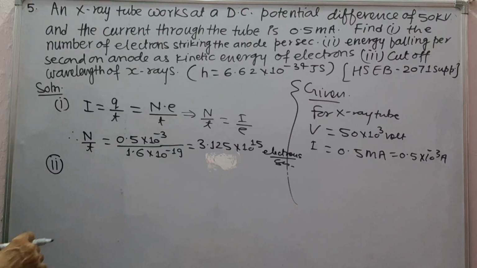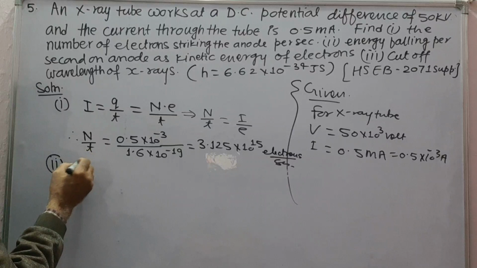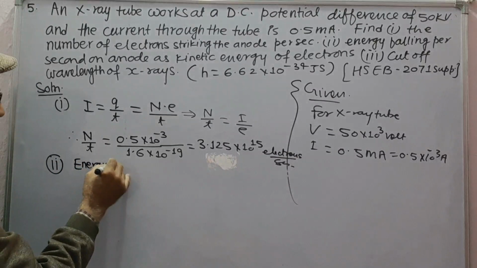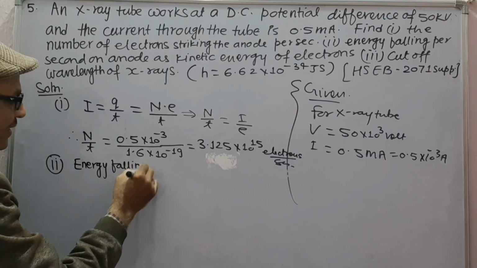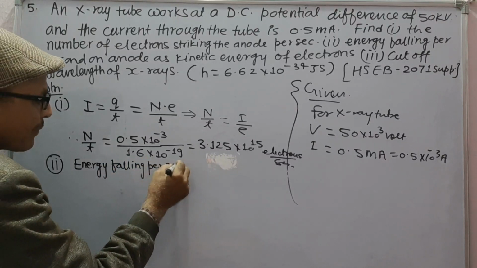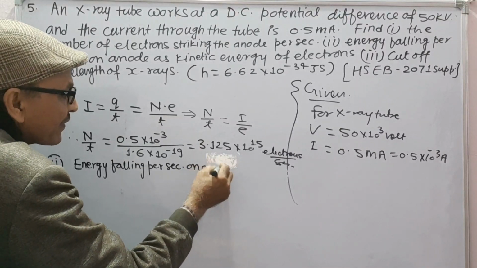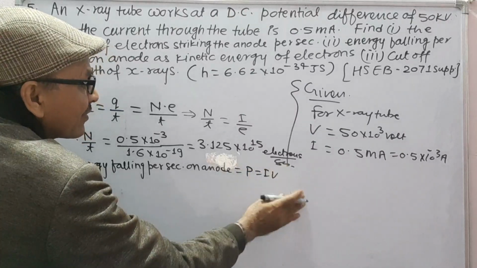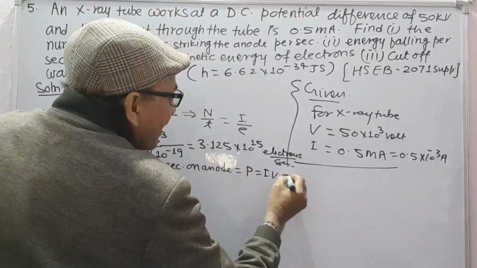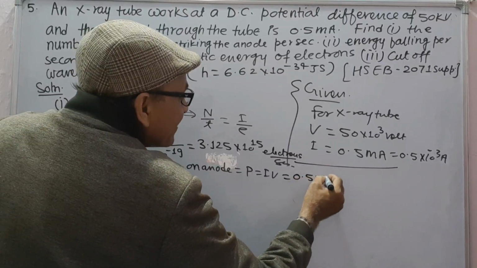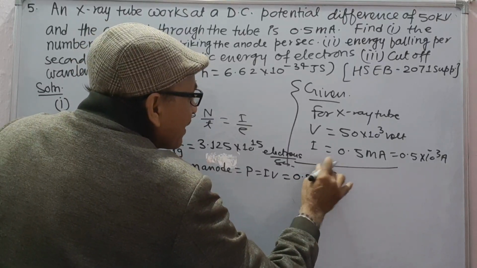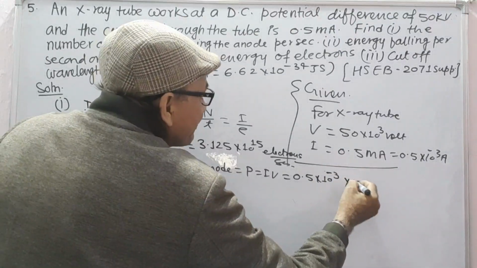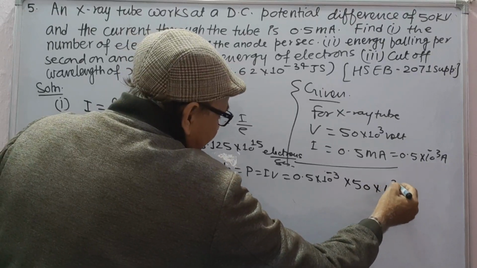Second part, energy falling per second on anode will be equal to the power, which is I into B. So I is 0.5 into 10 to minus 3 and B is 50 into 10 to power 3.